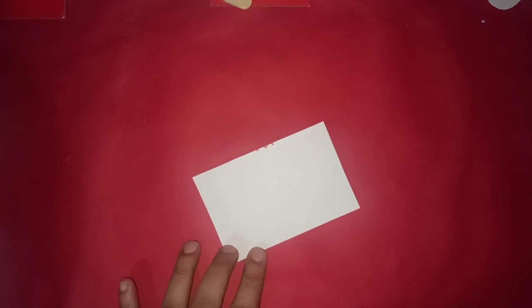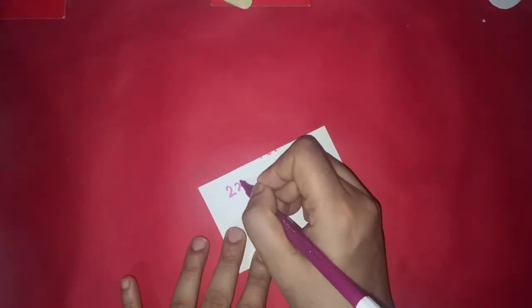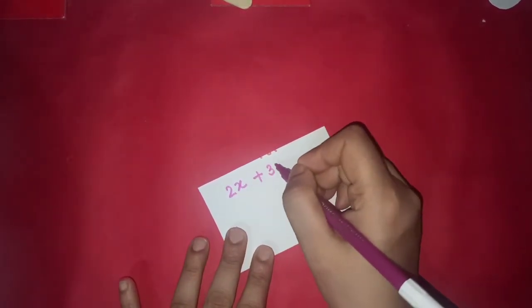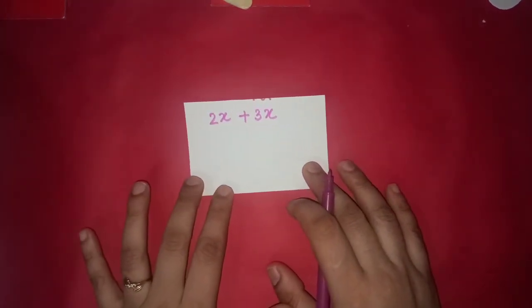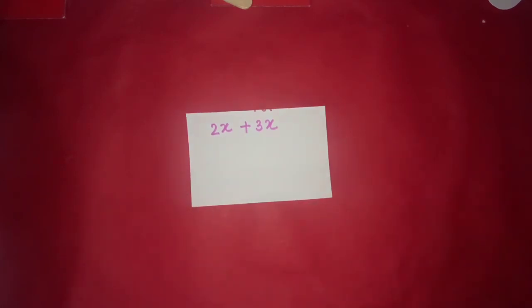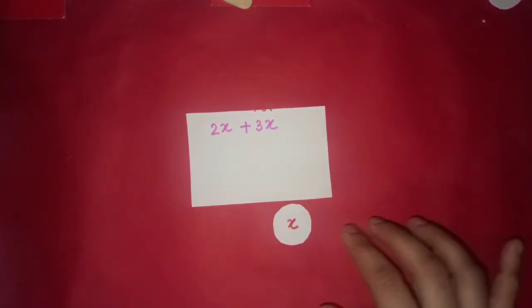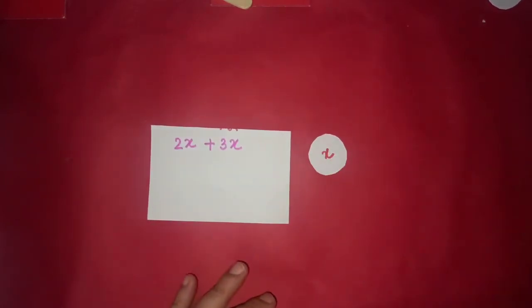Now let us start addition of algebraic expressions. We want to add these two expressions. Can they be added and written as a single term? Let's check. 2x, I need 2 x's to represent 2x. And what do I need to represent 3x?